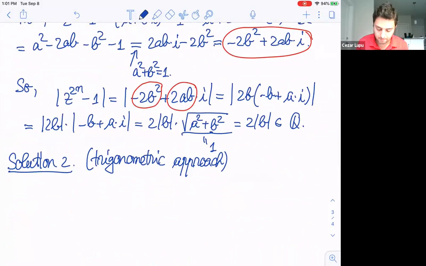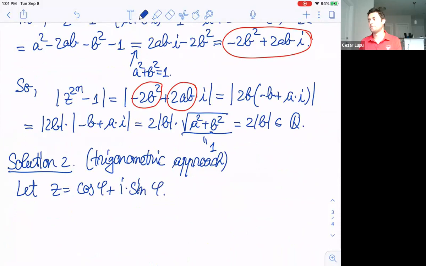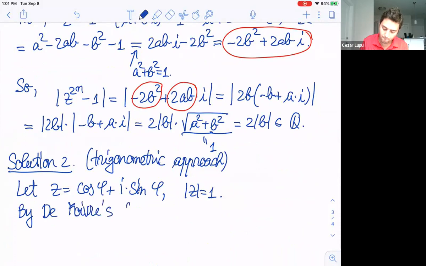Well, in this case, let z be cosine of phi plus i sine of phi, right? So this is the complex number. And it's quite clear that the absolute value of z is 1. So by De Moivre's formula, what do we have?